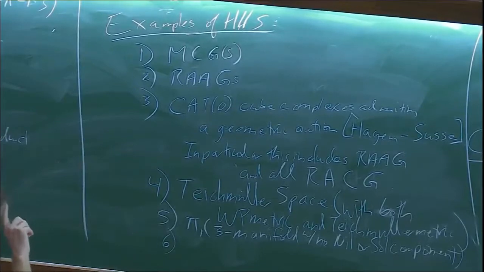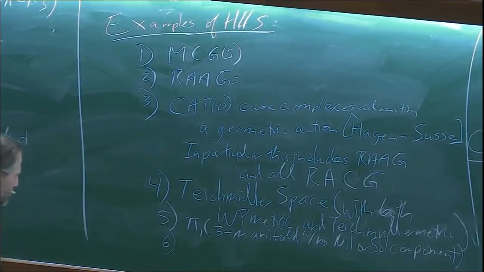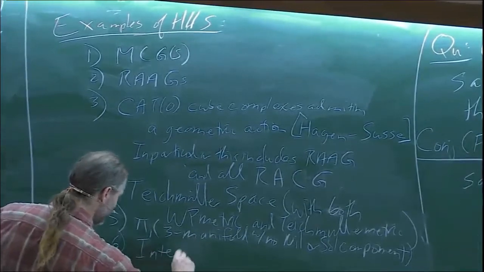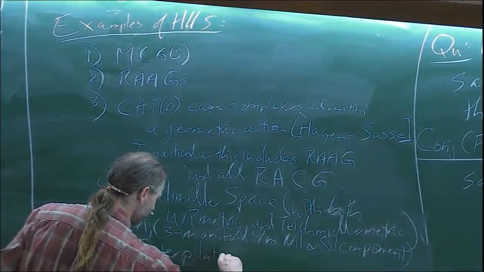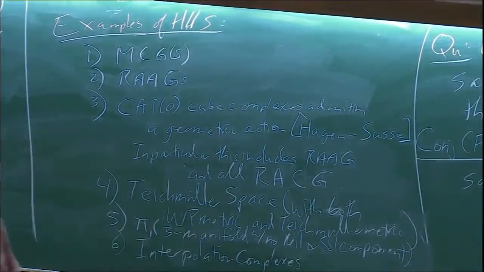right, so somehow an example that we sadly did not put into our paper, but I realized on the plane trip here we should have listed, which is what Huang calls interpolation complexes. He introduced this sort of interesting family of spaces that interpolate between the curve complex and the mapping class group.